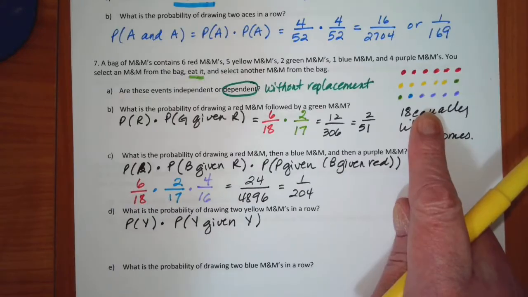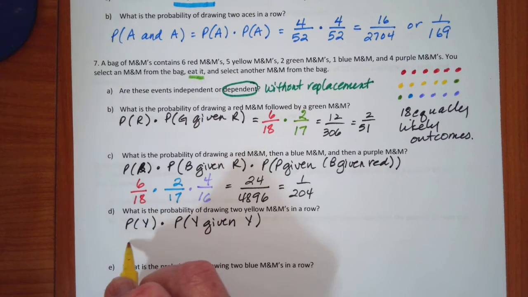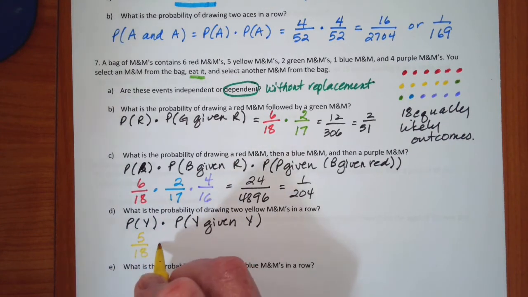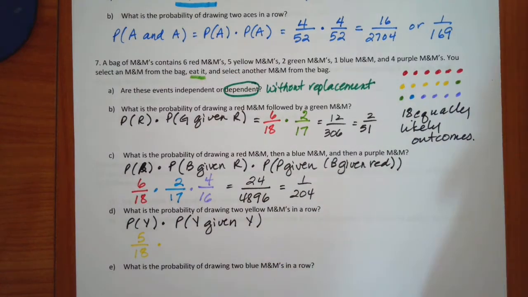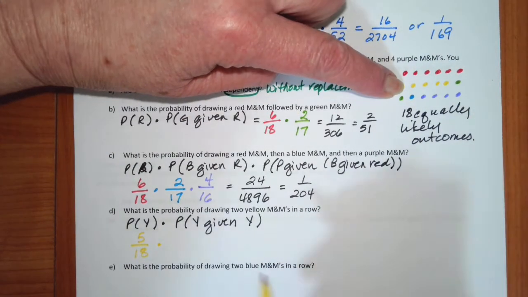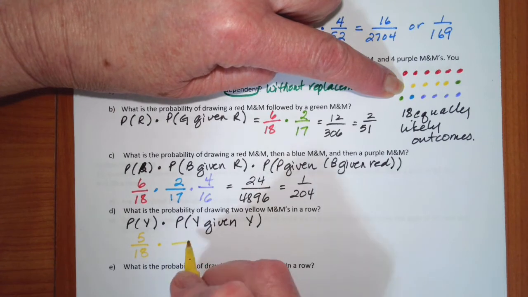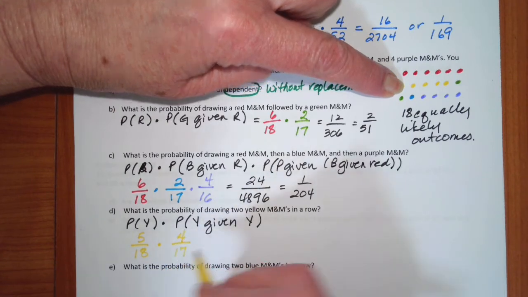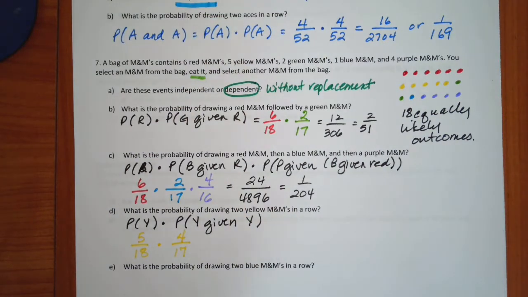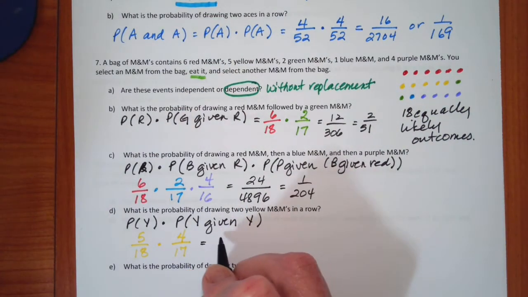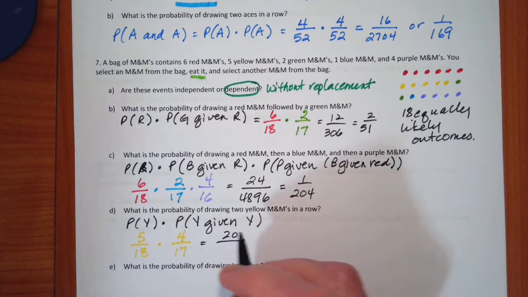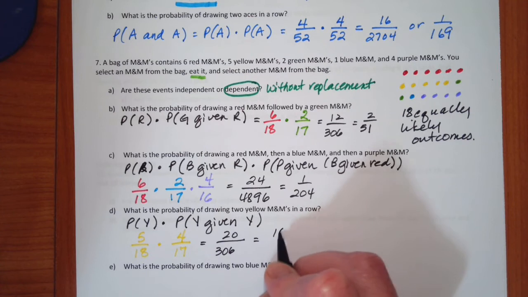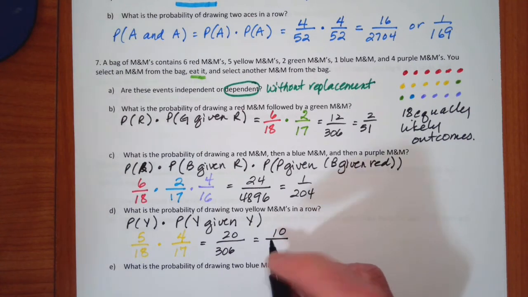Well, the probability of a yellow on the first draw, there are 5 yellow out of 18 possible outcomes, and now one of those is gone. So now there are only 4 yellow left out of the 17 remaining M&Ms. And what you get when you multiply this is 20 divided by 306, which is 10 over 153.